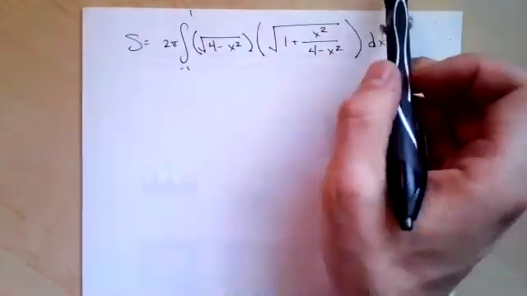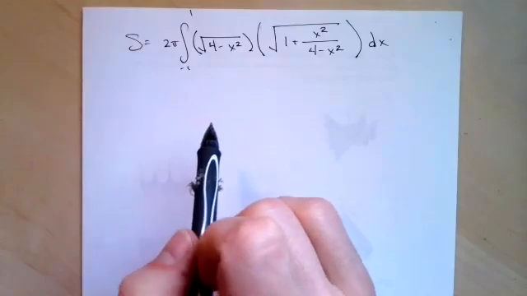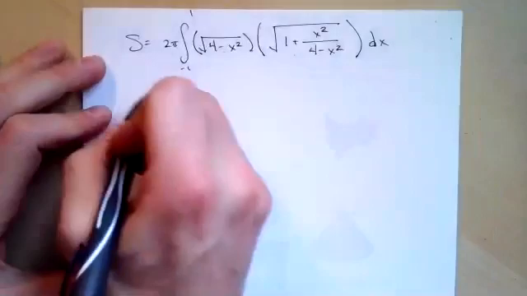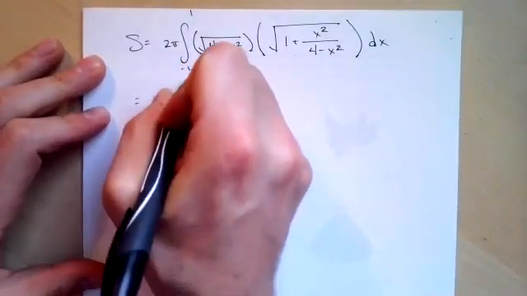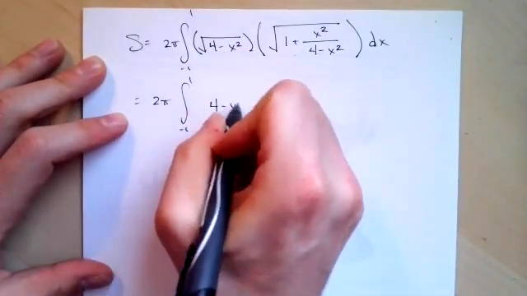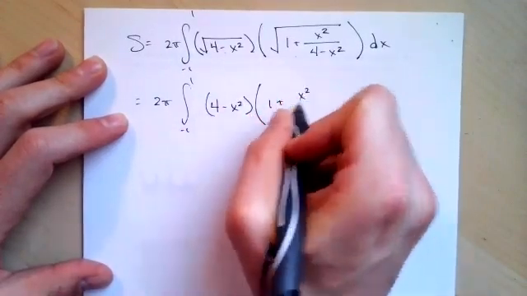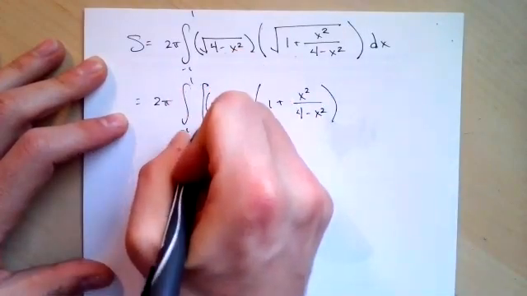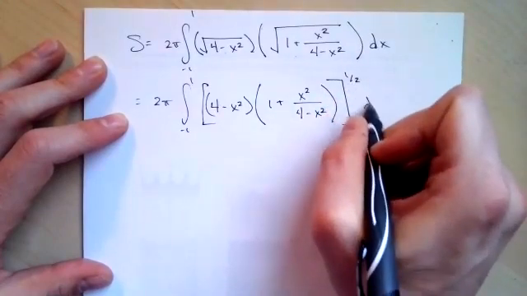How do we simplify stuff like this? Well, we are multiplying two square roots together, so we can move this term under this square root and multiply the functions together. And so we're going to have 4 minus x squared multiplied by 1 plus x squared divided by 4 minus x squared. All of that, I'm going to save myself some writing and just write that as to the 1/2.